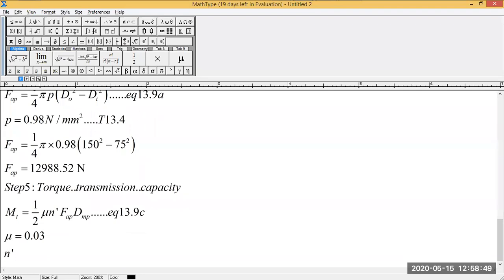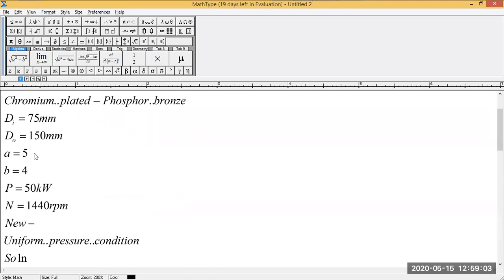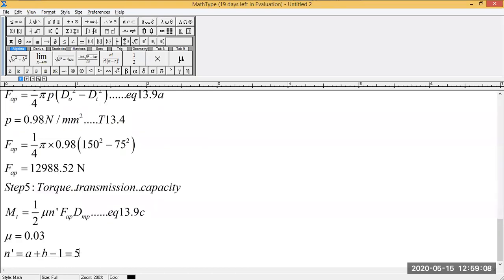Then for n dash, in this case we have a formula that is a plus b minus 1. So that means it is these two, a and b, number of hard plates and number of friction plates. So 5 plus 4 minus 1 is 8. So 8 friction surfaces. Usually this number will be even.